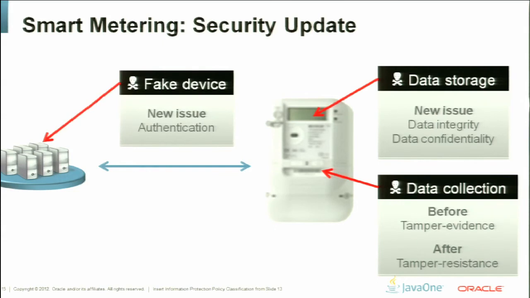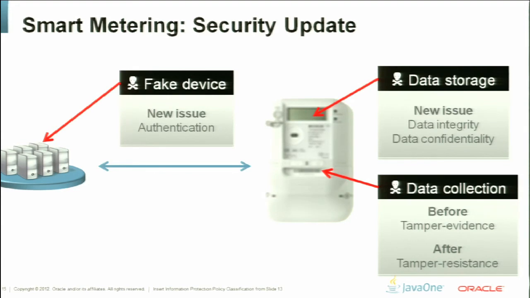Another problem is we can have fake devices. I'm not completely sure why somebody would have a fake meter. That could be just to inject fake data in the big data model and make somebody believe that there is more consumption in the area or something like that. But I'm sure that there is a use case for that somewhere.